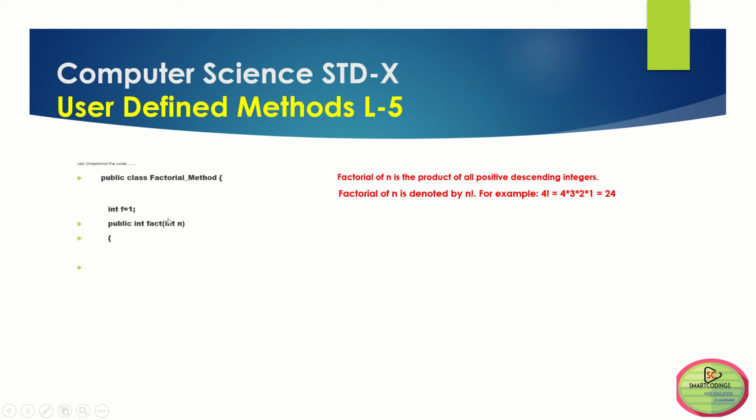Next we'll write a method over here, that is public int fact, int n. So this is a fact method, having a return type as integer and public access modifier. That means it can be accessed from outside the class also. Inside the brackets you can see int n, a parameter I passed here to pass a number, whether 5 or 4, any number, to calculate the factorial of that particular number.